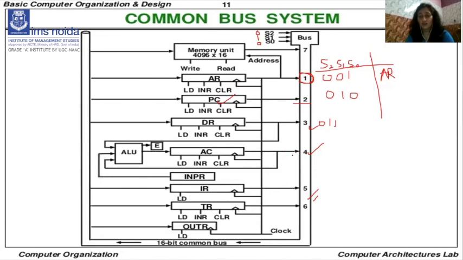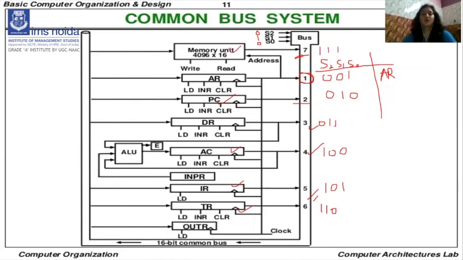At location 4, when the selection lines S2, S1, S0 are 1, 0, 0, then the accumulator will work. At the instruction register, when the selection line is 101, then the instruction register will work, right? And for the temporary register, the selection line is 010, then the temporary register will work. And here the value is 7, meaning S2, S1, S0 is 111, then the memory unit will work.